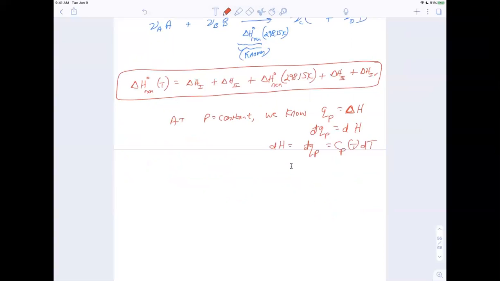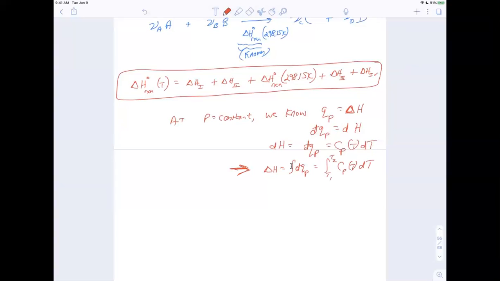And so then delta H is equal to the integral of dqp, and that's just equal to the integral from T1 to T2 of Cp of T dt. Okay, any questions? All right, so this is the expression that we'll use.